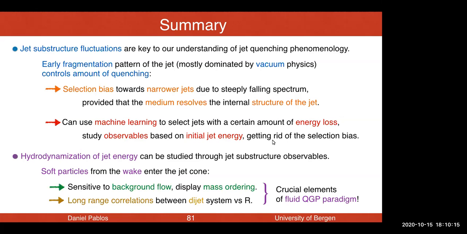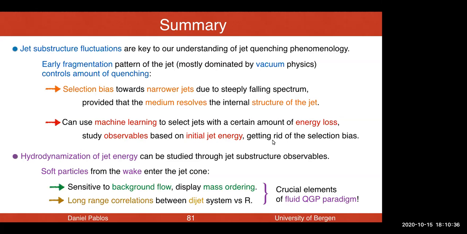We've seen that there's a selection bias towards narrower jets due to the steeply falling spectrum. This is absolutely key to understand almost every jet observable, of course, provided that the medium resolves the internal structure of the jet. So in this study we made, completely resolved, completely unresolved.